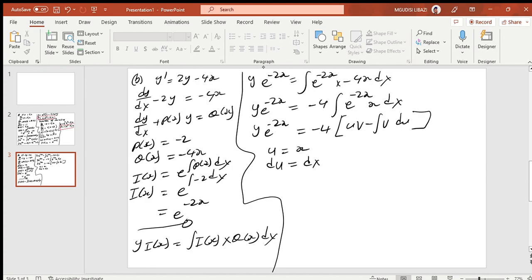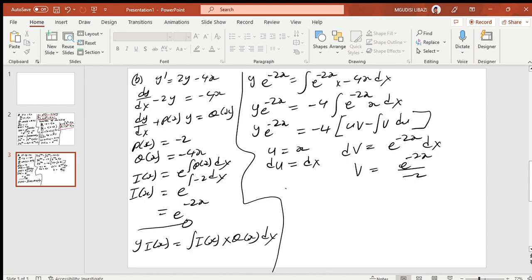And then we can say our dv is equal to e raised to -2x dx, so that our v now will be equal to e raised to -2x all over -2. So what we do there is that we integrate the dv so that we can get the v, and then we get e raised to -2x over -2. We put the function as it is, and then we divide by the derivative of the exponent.